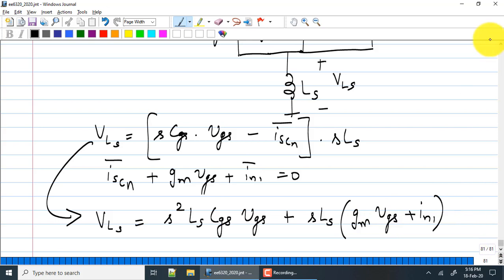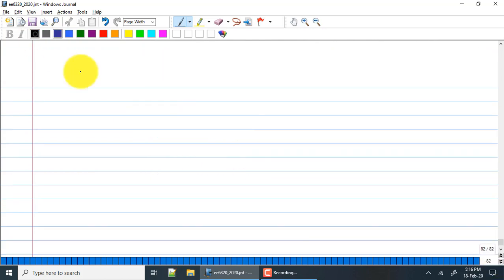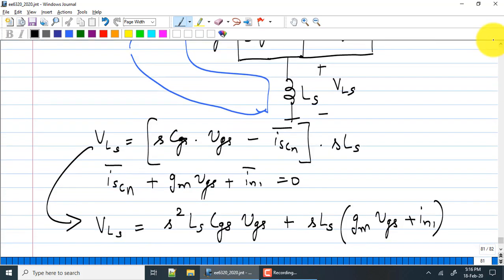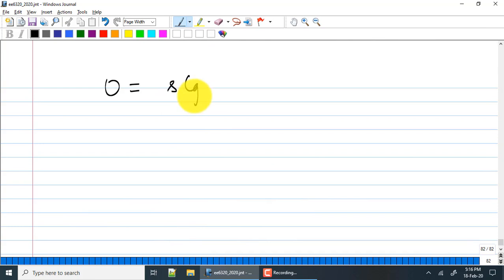Okay, and now I can write KVL around this loop. So 0 is equal to S CGS VGS, which is the current flowing through the first part of that loop, into what do you have there?